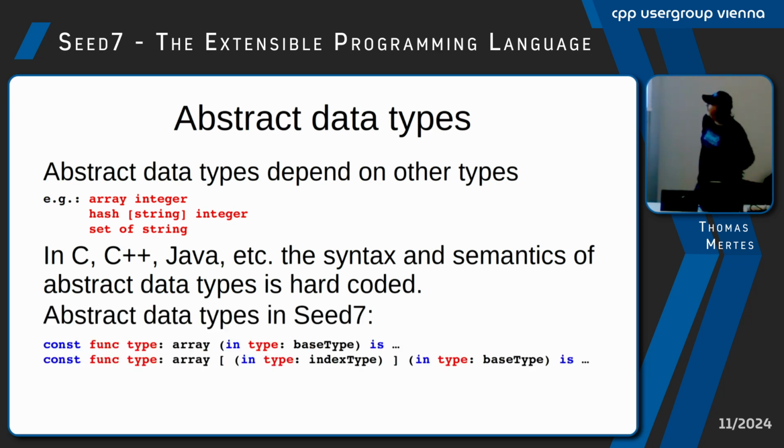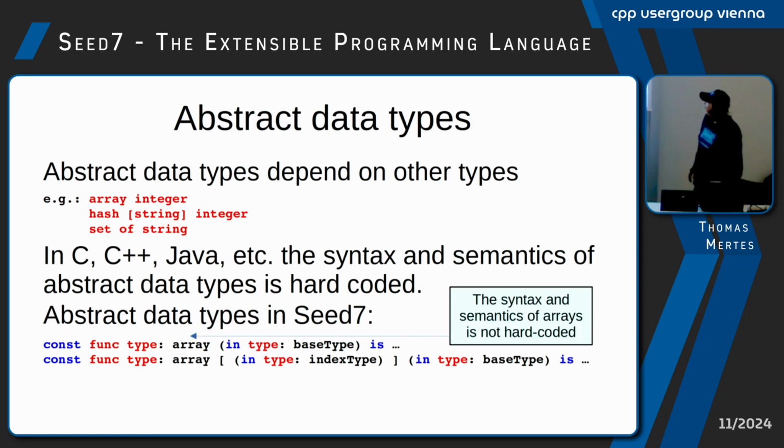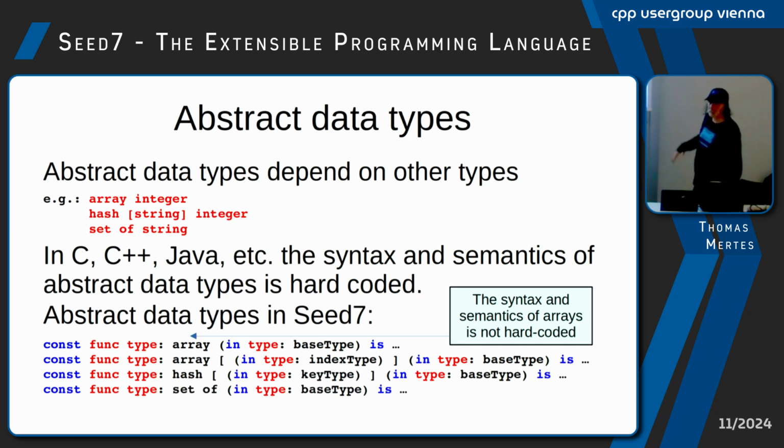And this contrasts with how Seed7 views them. So this is the actual declaration of an array. There's a library, and this library contains the semantic declaration of an array. There's also a syntactic declaration. We come to the syntax later. And of course, here you see it's not hard-coded. And there are also hashes and sets. So there are libraries where hashes and sets are declared, and they are also not hard-coded.